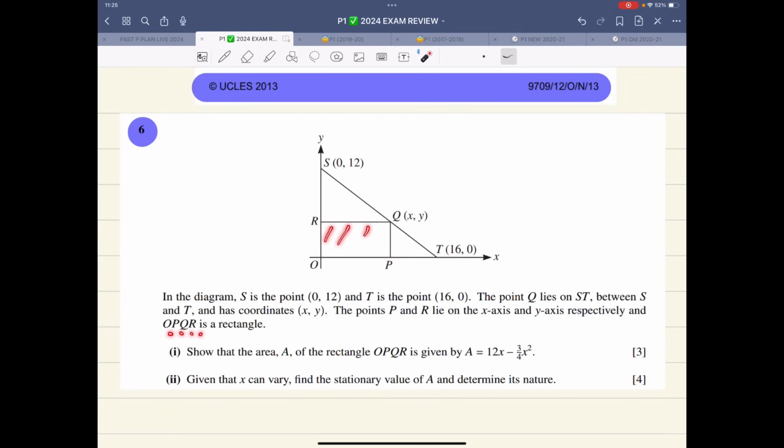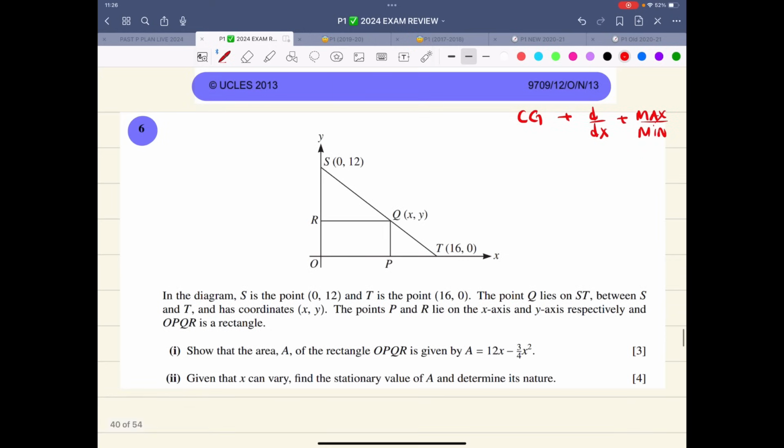OPQR is a rectangle. Show that the area of the rectangle is given by such and such. Given that x can vary, find the stationary value of A and determine its nature. So it's been a long while that they have asked any question related with coordinate geometry and differentiation and maxima and minima and mensuration. So let's revise this idea.